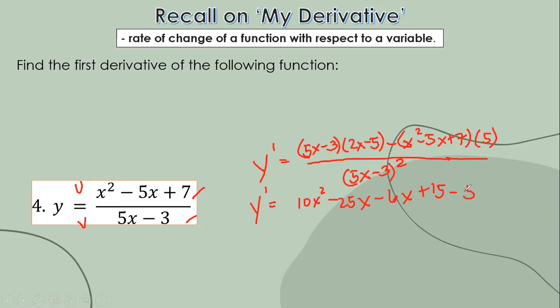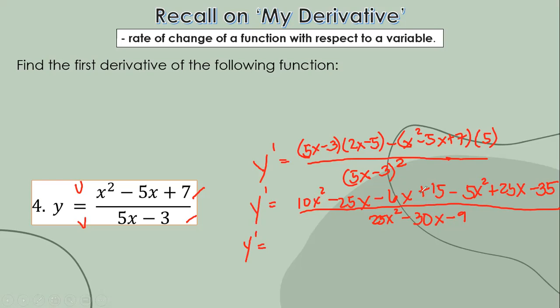Minus 5x squared plus 25x minus 35. So that is sa numerator. Okay. So ito naman is 25x squared minus 30x minus 9. Okay. Simplify.